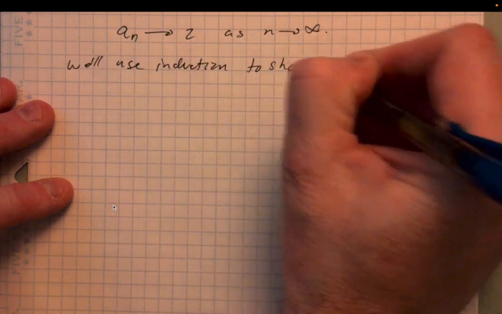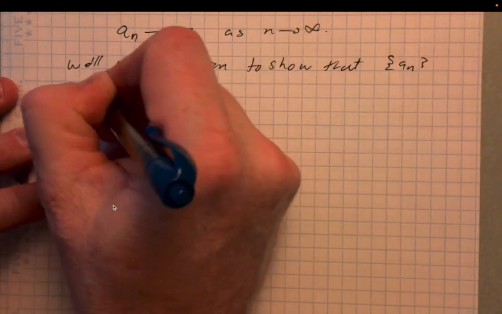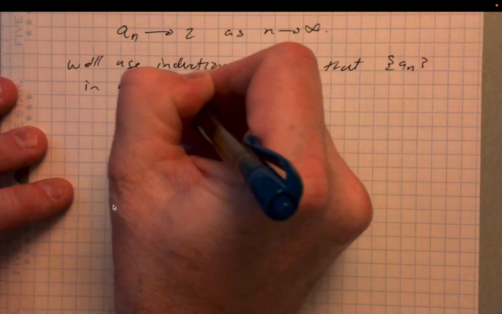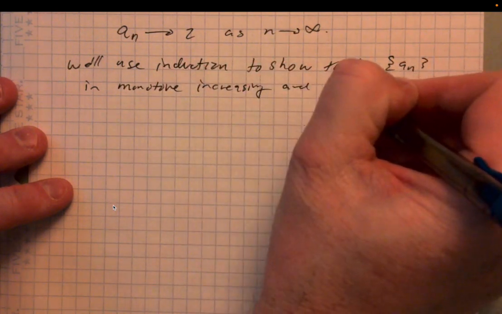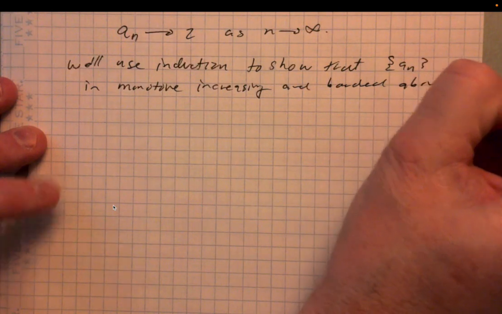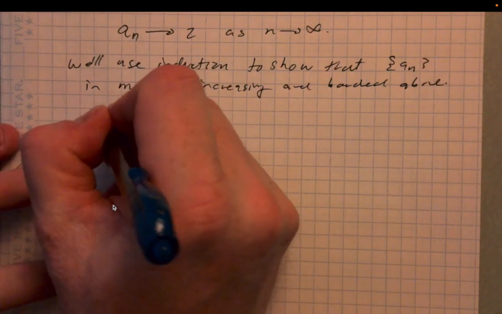We'll use induction to show that a sub n is monotone increasing and bounded above. Okay, so let's start with n equals 1.